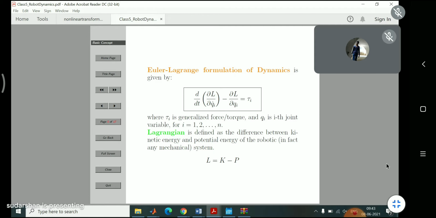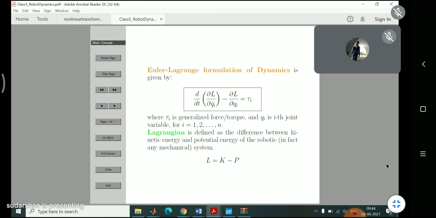You are using some particular DC motor or servo motor, which has a particular current rating, and you are generating the torque. At each joint we write this Lagrange equation. So tau i is the generalized force or torque, and qi is the ith joint variable.